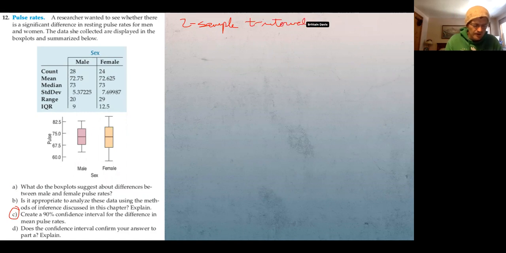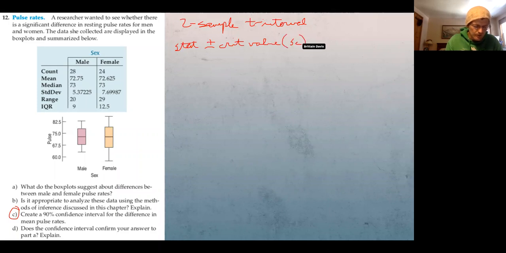All right, next thing I want to do is come up with my basic formula. The generic formula for this is going to be your stat plus or minus the critical value times the standard error.